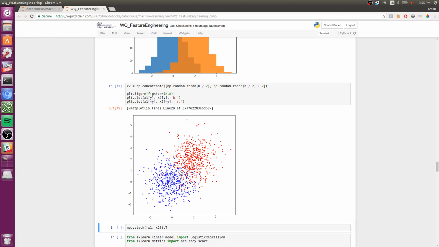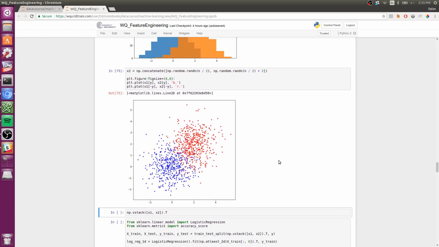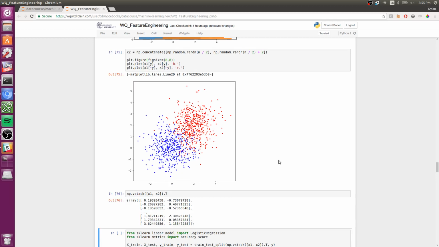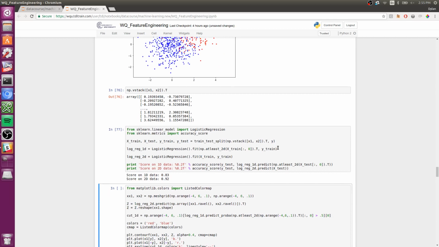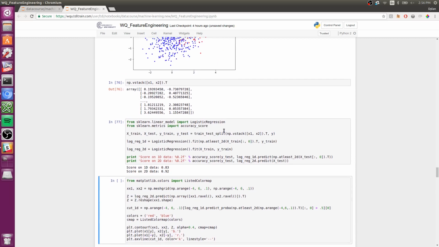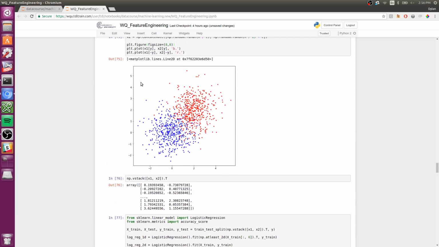So the region of space where there is much overlap is now narrower because there's more dimensions along which these two classes can differ. One way to think about this is if I was trying to train a linear model to separate these two classes, what kind of line would I want to draw?